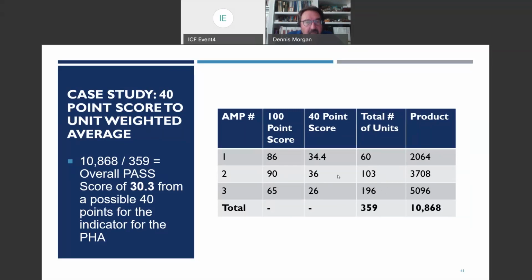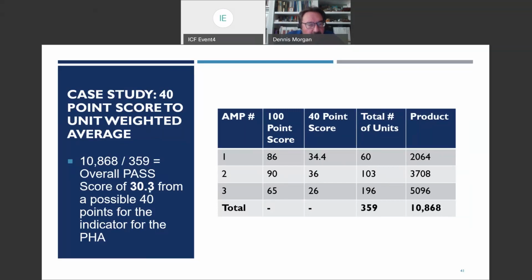So what did it do? It brought your score down because of its high weight. And so if I'm looking at anything to get this agency back on track, to get this score up, I'm going to be focusing here on AMP number 3, which is my highest weight, and it's also impacting my score.